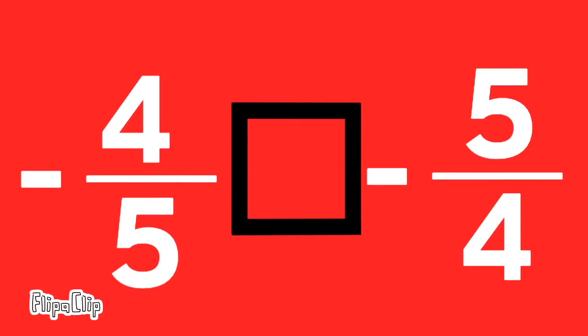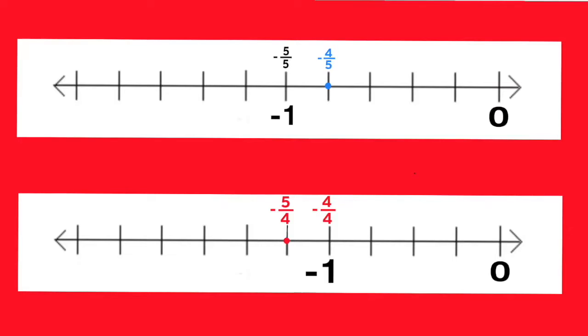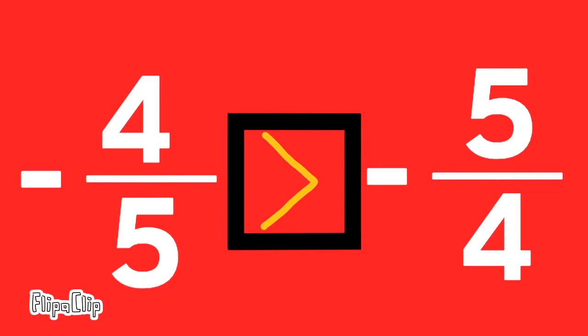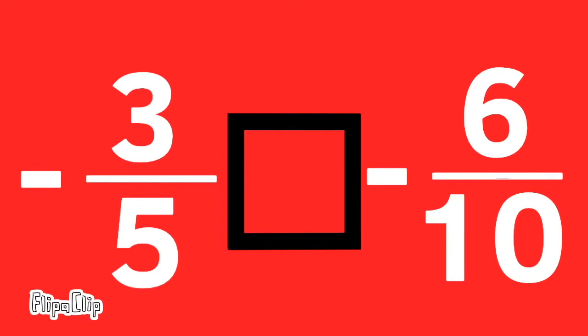-4/5 compared to -5/4. -4/5 is to the right of -1 on the number line, and -5/4 is to the left of -1 on the number line. Therefore, -4/5 is greater than -5/4. -3/5 compared to -6/10.